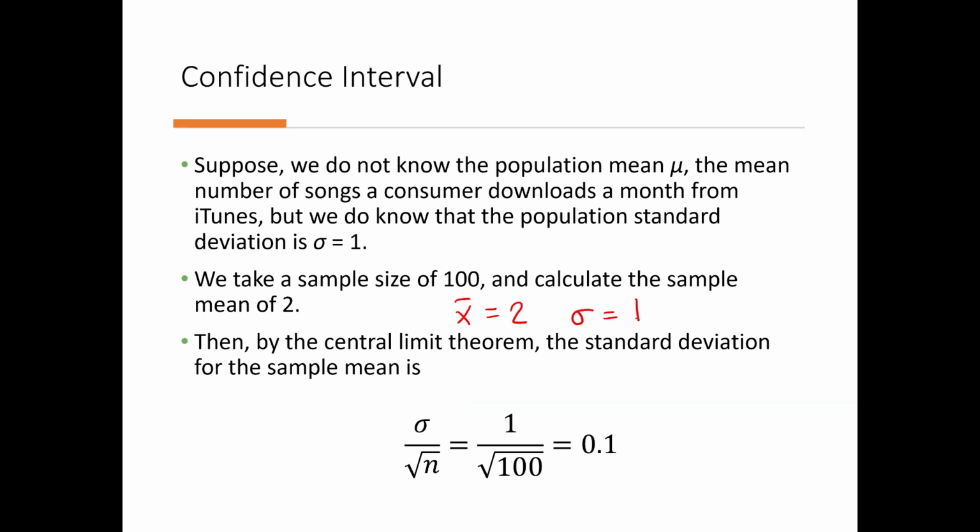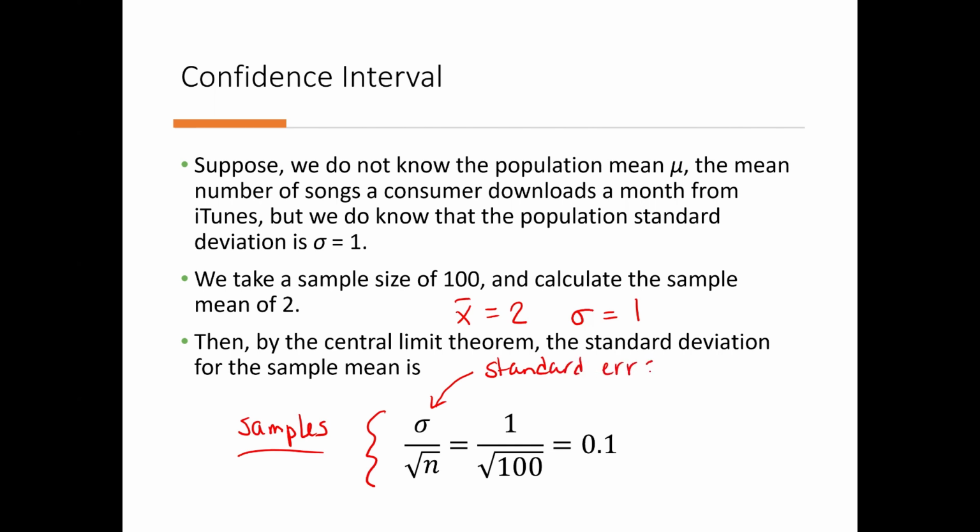Then, by the central limit theorem, because we are looking at sample averages, the standard deviation for the sample means is sigma over the square root of n. We use this because we are looking at samples, and when we're looking at samples, we use the standard error of the mean.